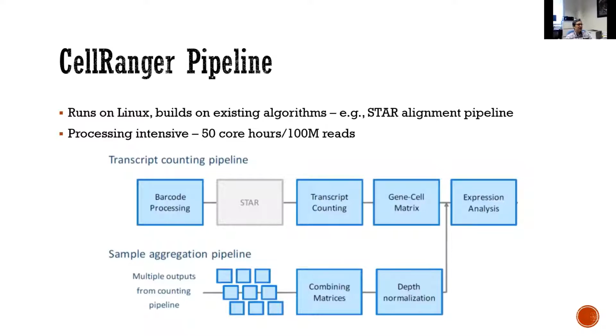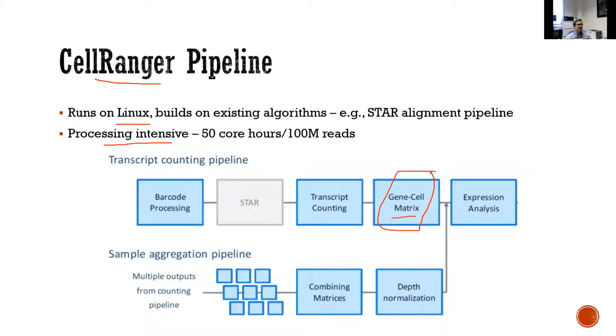So that's a pipeline, and unfortunately, it only runs on Linux. So if you really want to use it yourself, you have to have a Linux machine ready. And it's a little bit computationally intensive, so you don't expect to get the results in a couple of minutes. You probably have to run your sample overnight before you can get your expression matrix.